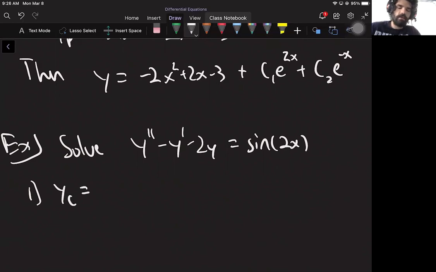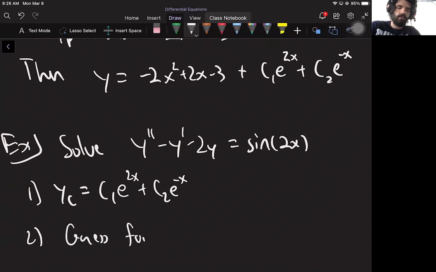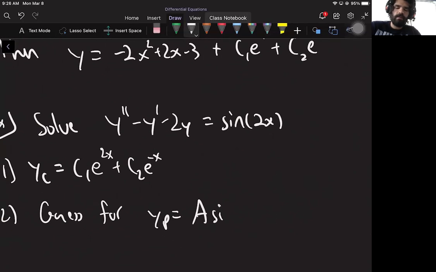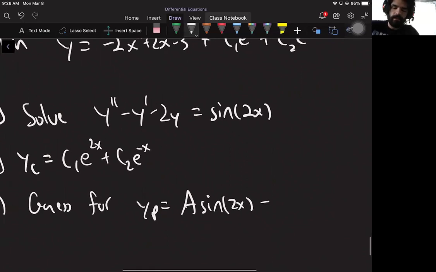So the process will be the same. The left side is the same as the previous problem, so the complementary solution will be the same as last time. But our guess for YP will now be, well, I don't know how many of these I need, but because sine and cosine flip back and forth when you take derivatives, the left side could have a bunch of cosines being added up together and canceling out to get no cosines, but I still have to include them in here to see if that happens.